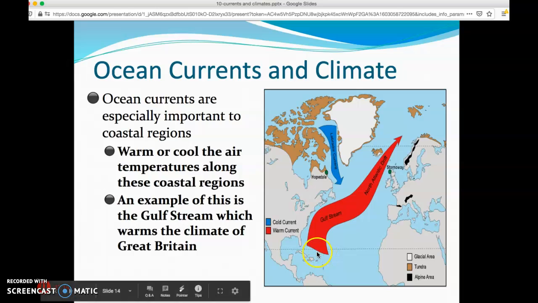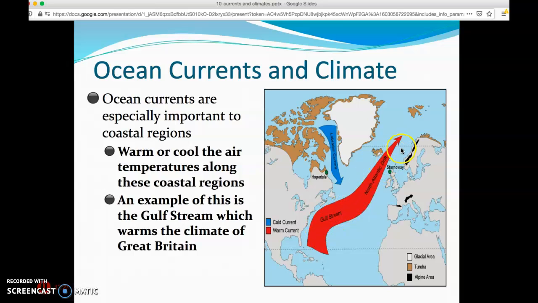If you see, we start at the equator right here. The Gulf Stream starts, and as the warm water current flows towards the poles, it's bringing its warmth with it, which warms the air and warms the climate. It's one reason that Britain is warmer than it should be climate-wise. If you pretended the oceans weren't there for a second, Britain would actually be a whole lot colder than it is.